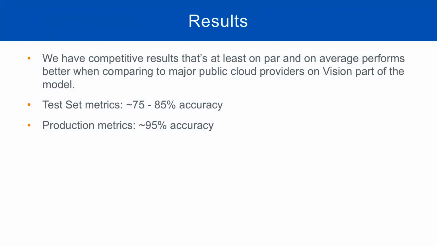But this ensures that we're being very harsh on our models. Our production metric comes from looking at how many of the expense reports done through this application have been modified by the user. We're looking at 95 percent of them not being altered at all.